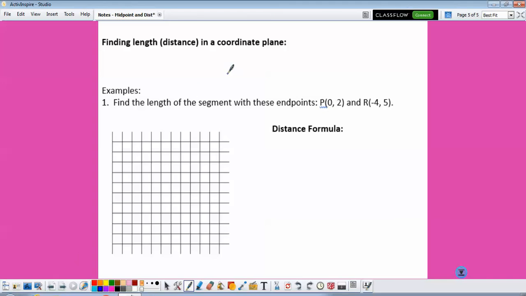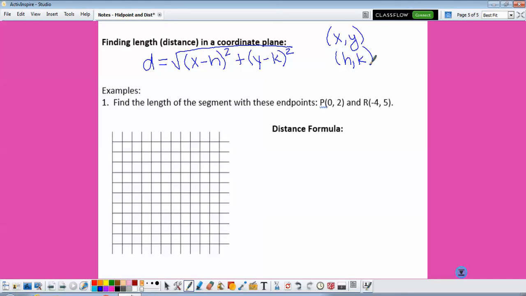Finally, the distance formula. Our distance equals the square root of x minus h squared plus y minus k squared. xy is one of your coordinates, hk is the other coordinate.